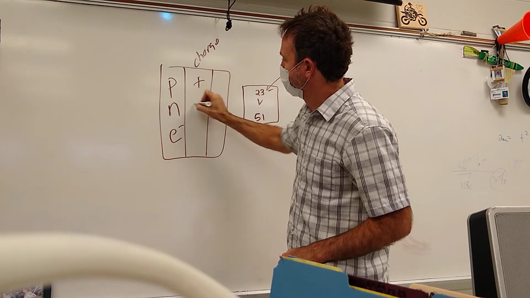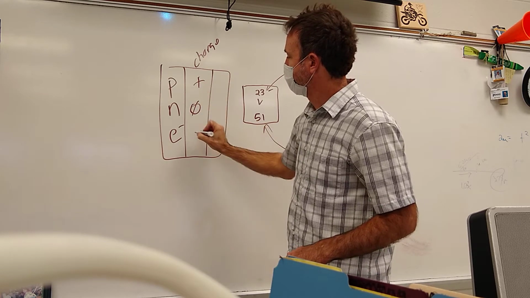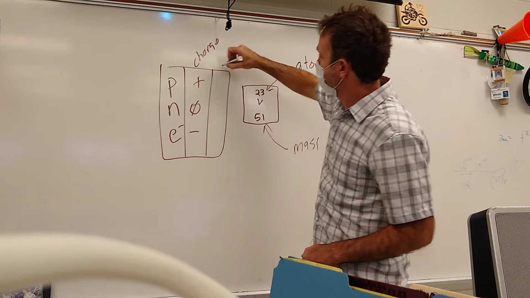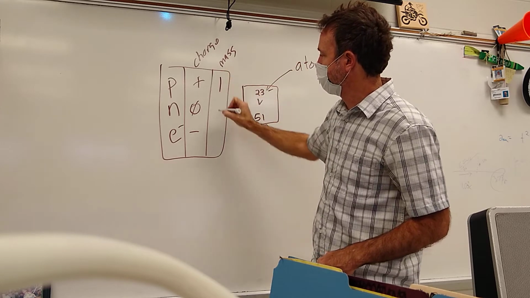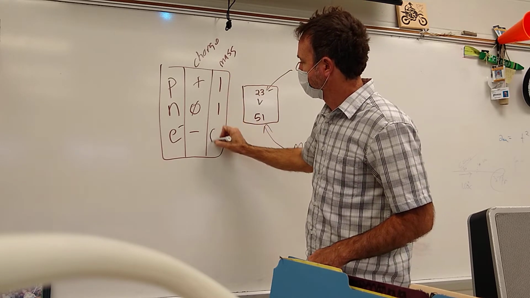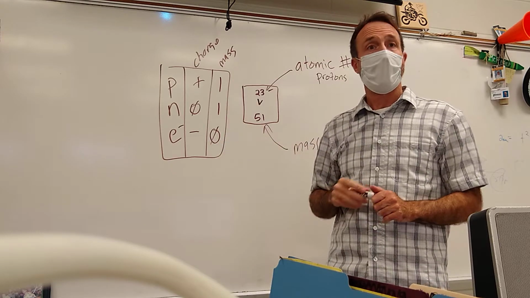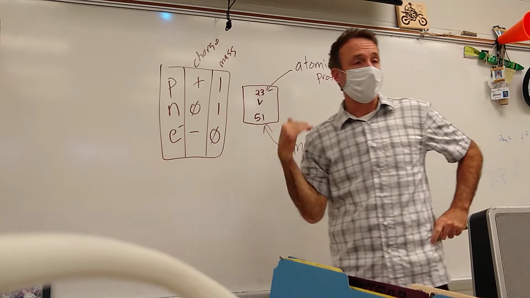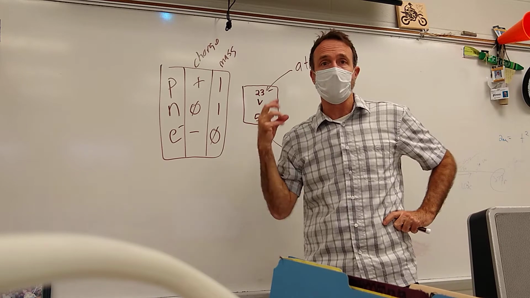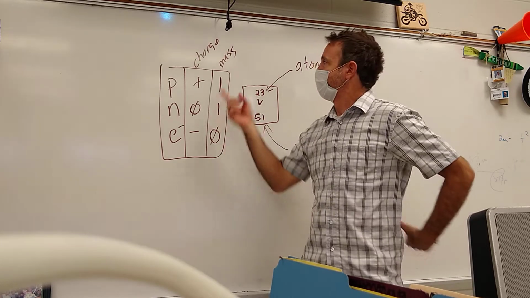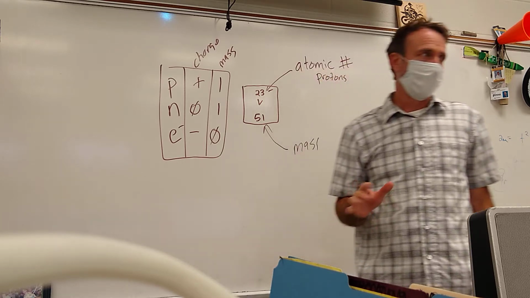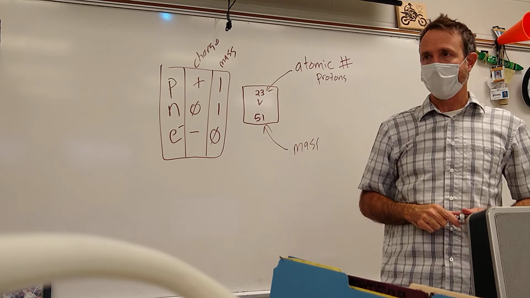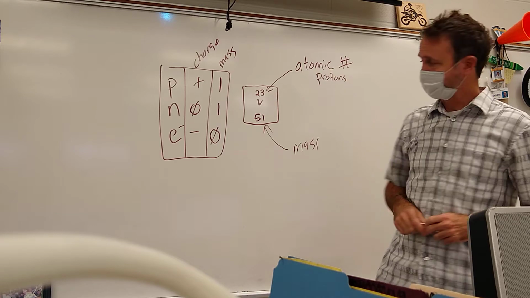Protons are positive, neutrons have no charge, electrons are negative. For mass, protons have a mass of 1, neutrons have a mass of 1, and electrons we consider to have a mass of 0. Really they weigh 0.0006 of one proton. They're 6/10,000ths the mass of a proton.